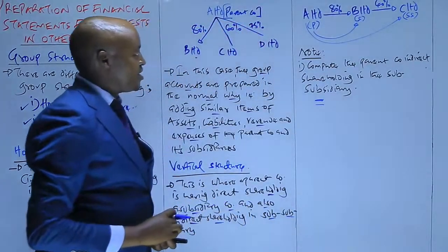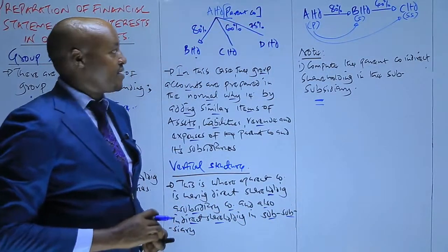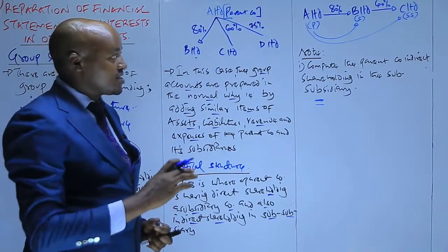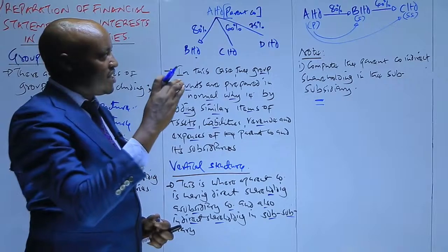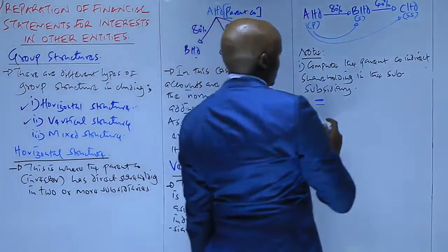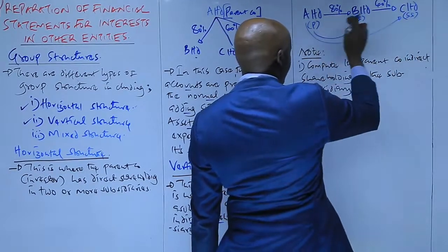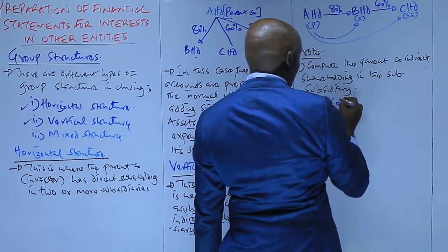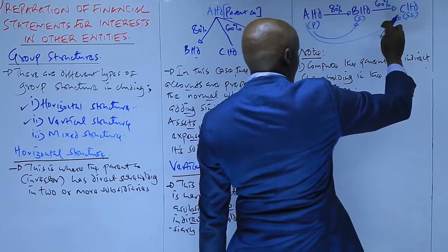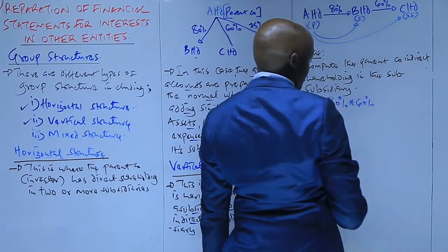So for example, assuming A Limited, which is the parent company, has 80% shareholding in B, which is a subsidiary, and then B, which is a subsidiary, has a shareholding of 60% in C. So to compute the parent company indirect shareholding in C, we take the parent company shareholding in the subsidiary, which is 80%, and then times the subsidiary company shareholding in the sub-subsidiary, which is 60%.